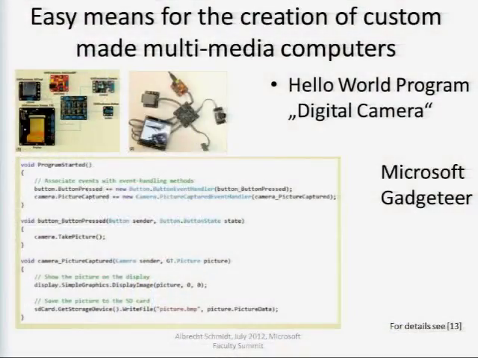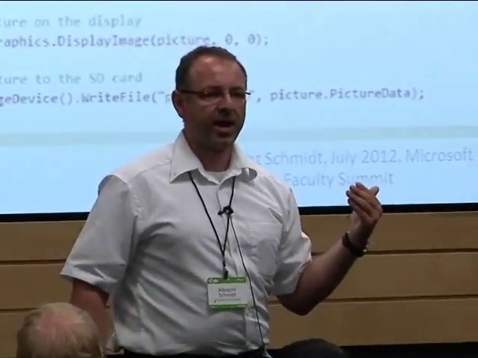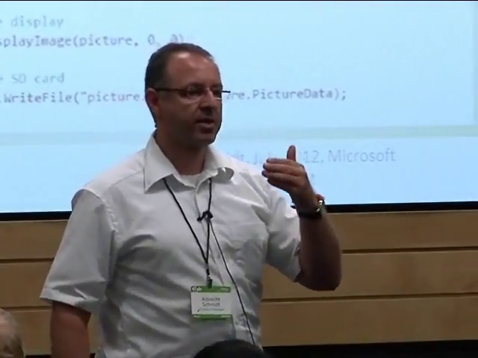This example was shown earlier, the digital camera. I find this a powerful way of showing students how quickly you can create something. The interesting point is, if you start building this digital camera and then have the idea, I want something that does two pictures when you press the button, or a camera which looks at who takes the photo as well as where it goes, making this device only means you add another module and another 5 lines of code.